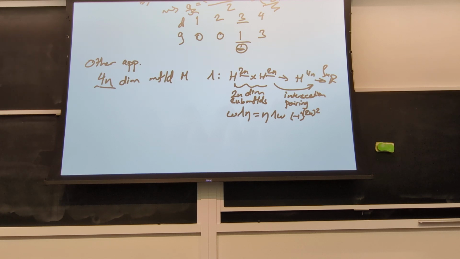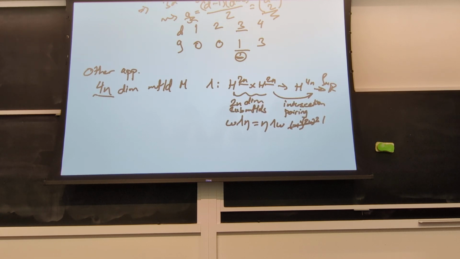If it was just a 2n dimensional manifold, then you pick up a negative sign. So in this case, this is equal to 1, and this is a symmetric thing. So you get a symmetric bilinear pairing on H2n.